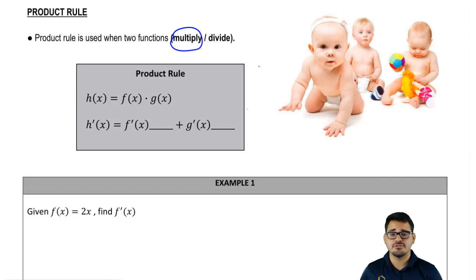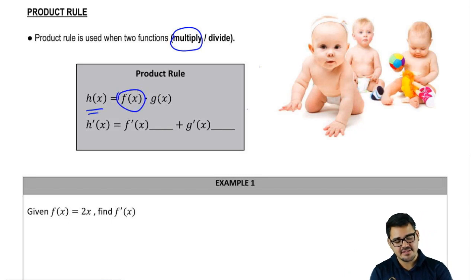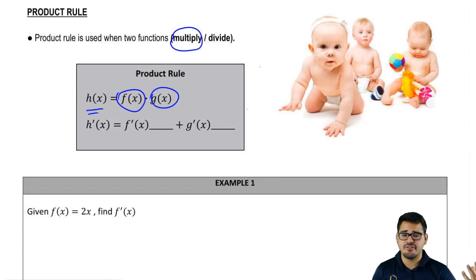So here we have the product rule, and we're going to write it as a function h of x, just some random letter, h of x, defined as f of x times g of x. So in this case, f is going to be a function, g is going to be another function, and they're multiplying each other, right? We have two functions multiplying.